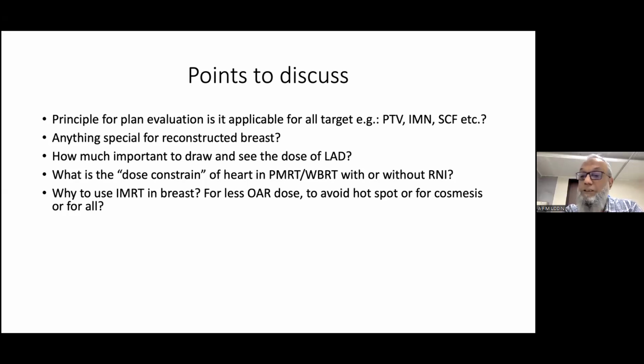Somebody says 4, somebody says 5, the LRF principle. So for my junior colleagues, I'm telling that whether we are using RNI or not, whole breast or PMRT, big chest, curved chest, heart dose is a heart dose. So we should try to achieve our target. And the excuse that whole breast we will do better, just mastectomy will not do better, is not acceptable.